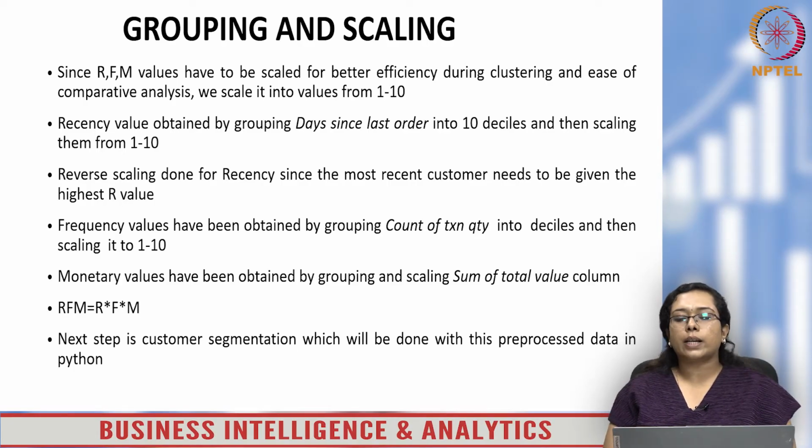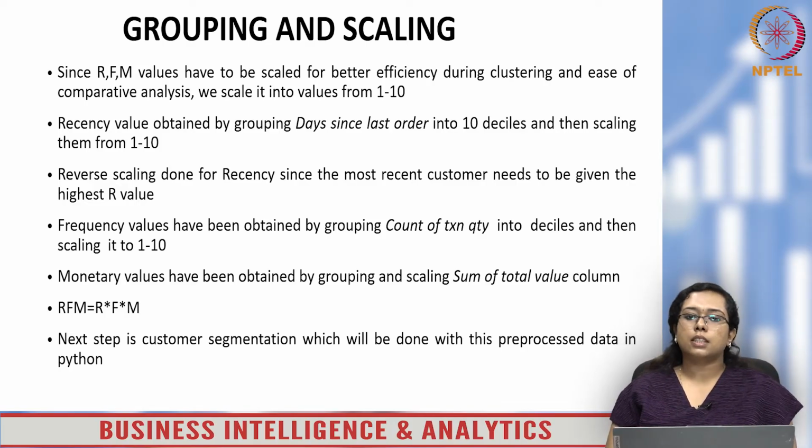Frequency value can be obtained by grouping count of transaction quantity. Count of transaction quantity is nothing but the number of transactions that a customer has done over their lifetime, and then we similarly scale the frequency value into buckets of 1 to 10.